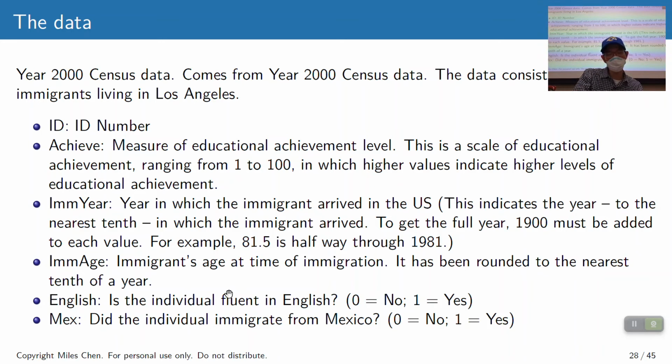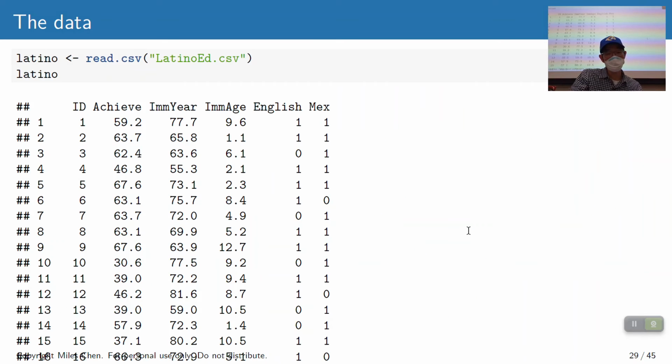English is whether the individual is fluent in English, yes or no. And Mexico, or Mex, is whether the individual immigrated from Mexico, and that's a binary variable, either yes, this person came from Mexico, or no, they did not. So this is what we have.